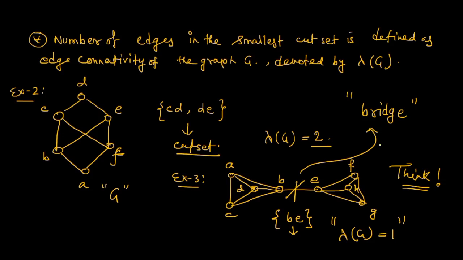This term you should know. If in edge connectivity you get lambda value 1, that means you have only one edge in that cut set, and that edge is known as a bridge. Just think of this edge as acting like a bridge. It is connecting this part with this part. So that is the concept of cut set with respect to edges.